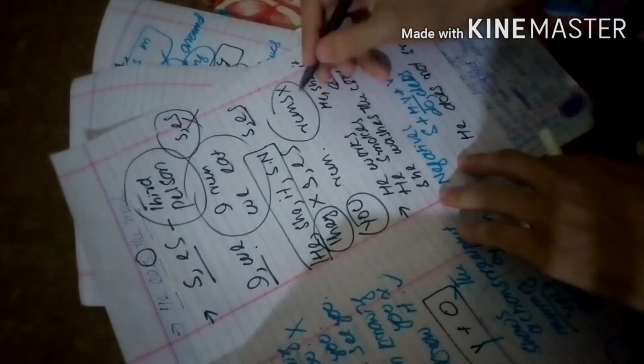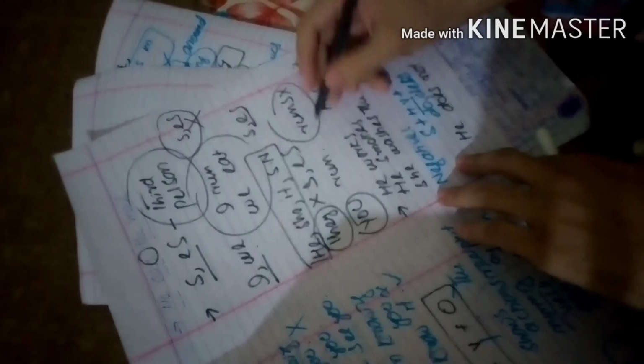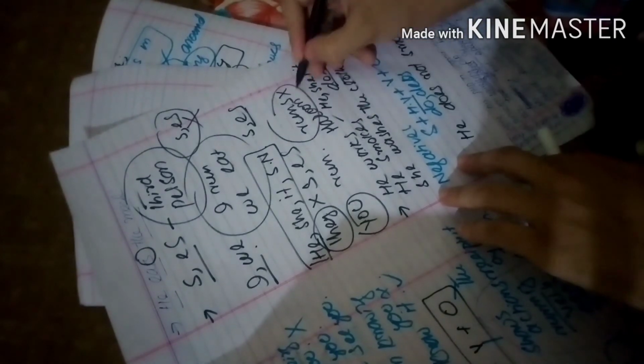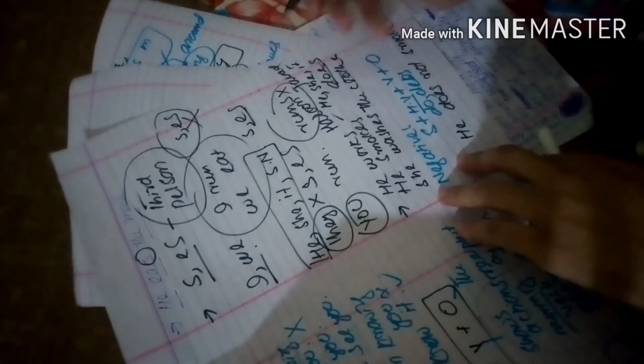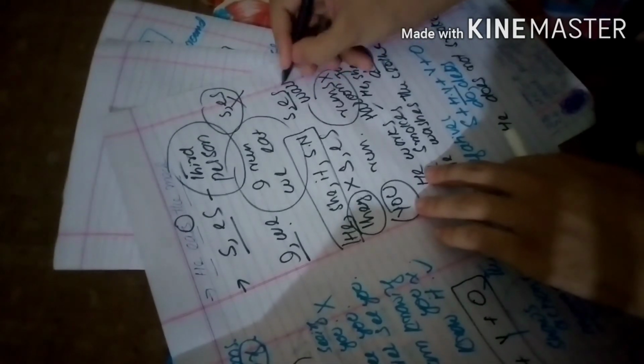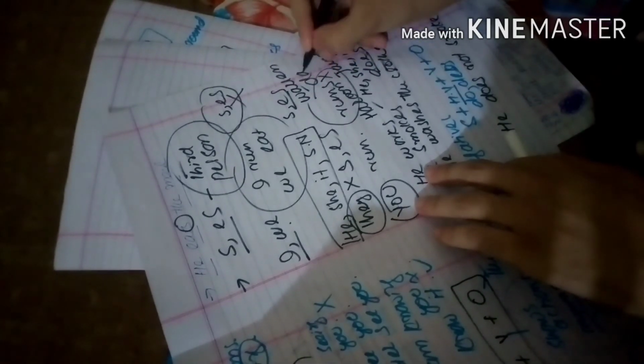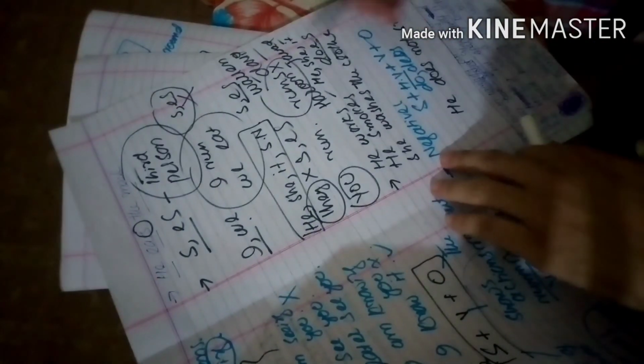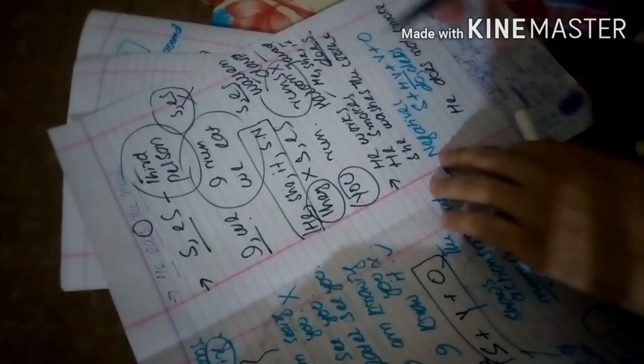And also with a singular noun, like suppose I say Harun, Jawad, Varun, or David. These are singular nouns, and with these nouns we will use does, and with the rest we will use do.